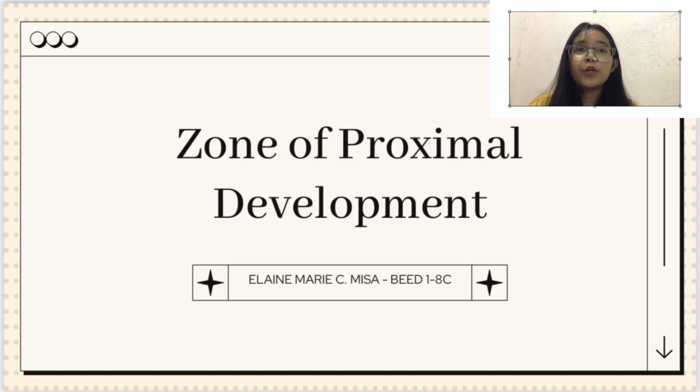The MKO is the person or teacher that provides assistance. And we have the two applications, reciprocal teaching and collaborative learning. And lastly, we have scaffolding, which is support to help the students complete a task.